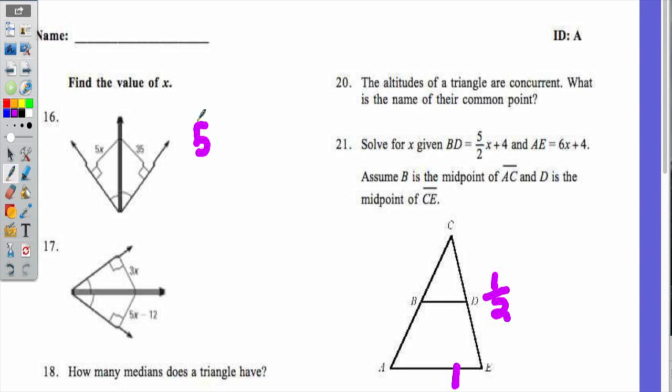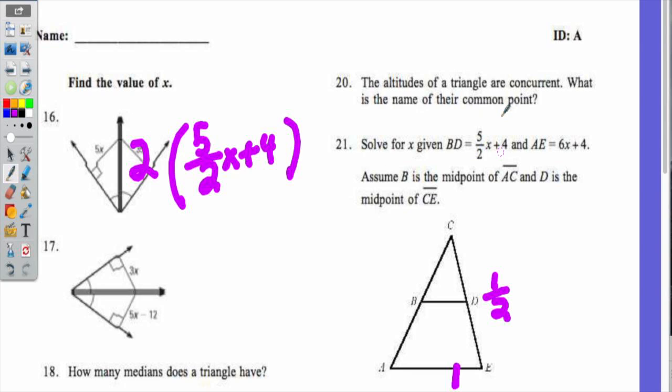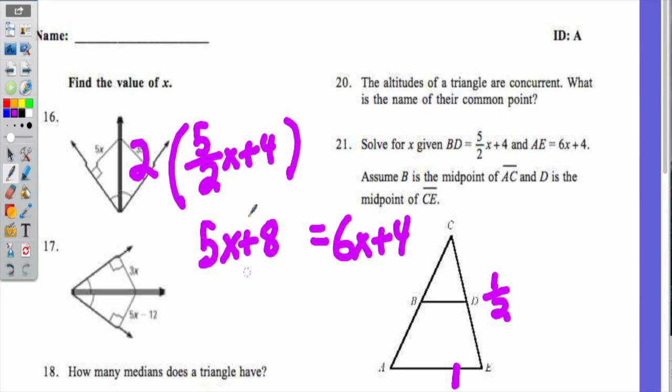But what I would do to get rid of that fraction is multiply this by 2, because 2 of these are equal to 1 whole of that. And I would get 5x plus 8, that's 2 times 5/2 x's plus 4, is going to be equal to 6x plus 4. I'm going to subtract 4 from both sides, and I'm going to subtract 5x from both sides.